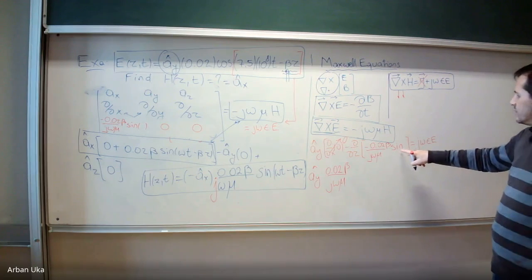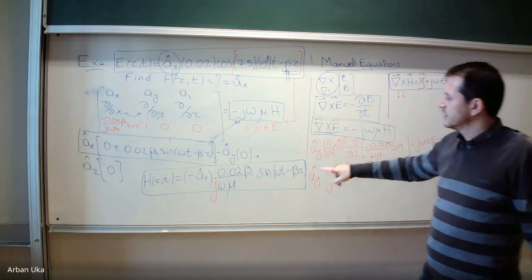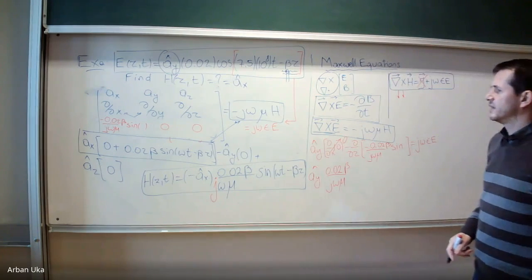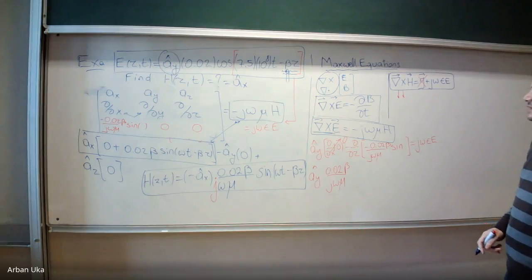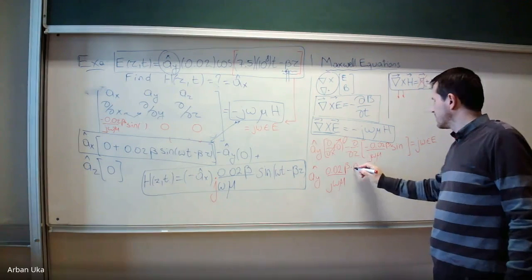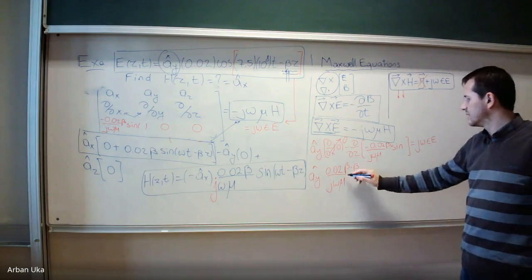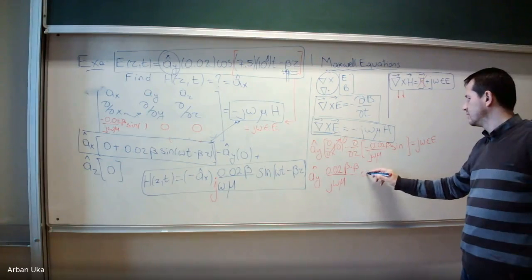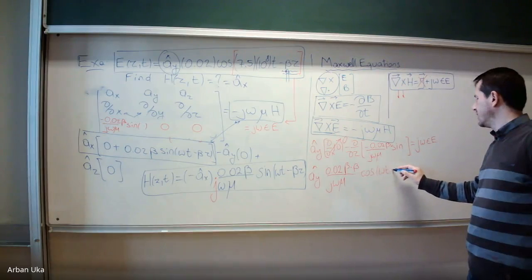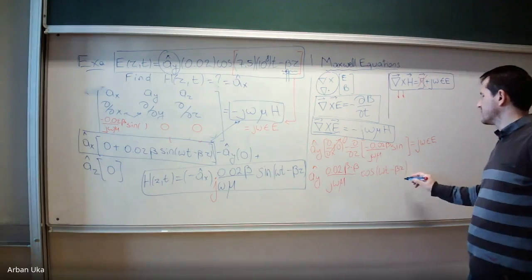And we're going to take the derivative of the sine. The sine term is going to be a cosine now with a plus, and once we have a cosine, another beta comes out when we take the derivative. Here we have cosine omega t minus beta z.